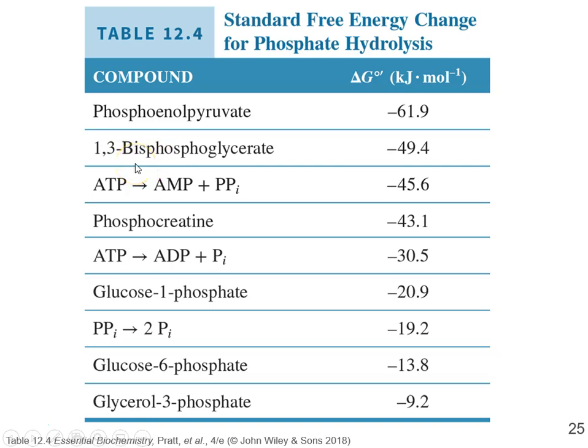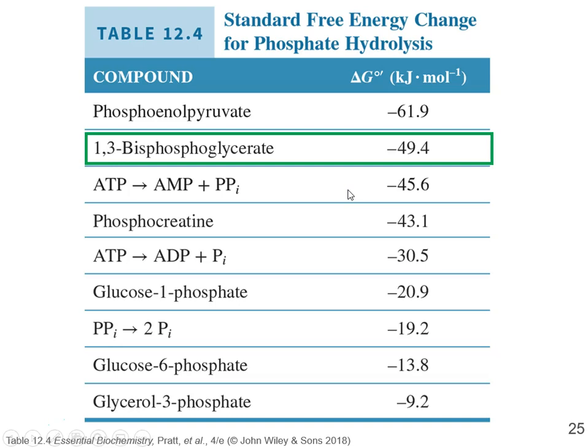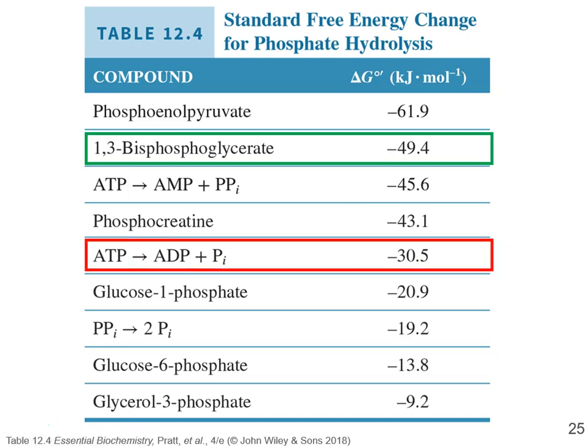If we hydrolyze one of those phosphate groups, minus 49.4 kilojoules per mole is released, and that means we can use some of that to couple ADP and inorganic phosphate, because the energy released when we hydrolyze the phosphate group on the 1,3-bisphosphoglycerate is more than the energy it costs us to form a new phosphoanhydride bond here.